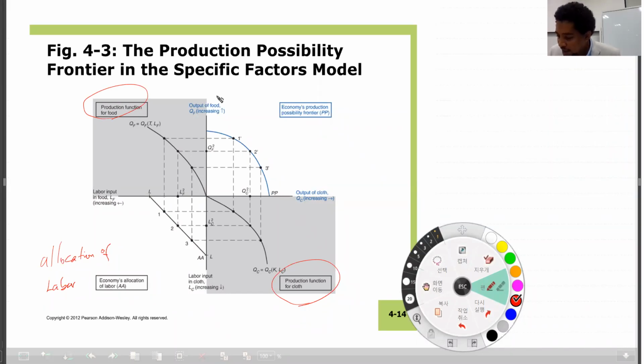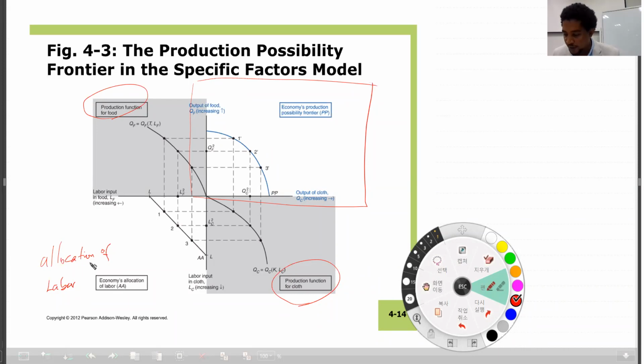So this is our production possibility frontier for the specific factor model. We use these 4 quadrants to produce this production possibility frontier. So we have 4 quadrants.